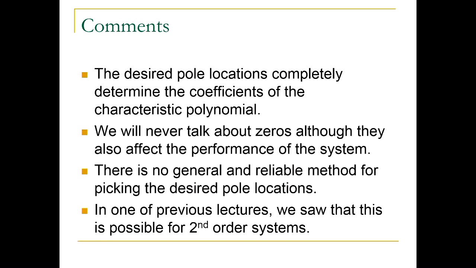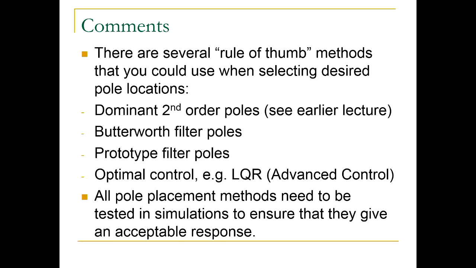In one of the previous lectures, we saw we can translate specifications into pole locations by thinking about second order dominant poles. And we want to now go through several others. All of these are rules of thumb. None of these methods would be enough in general, but they are very good.